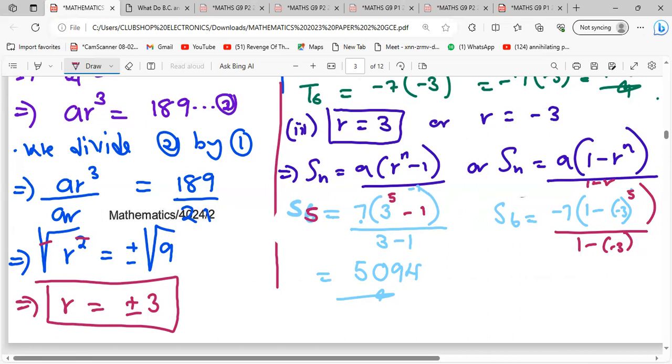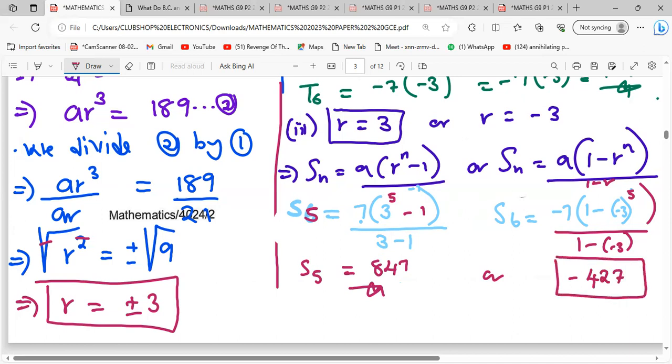Okay, so when we work out this one, S5 is equal to, when you calculate that, you're supposed to get 847. Or when you calculate this one, you're supposed to get -427.